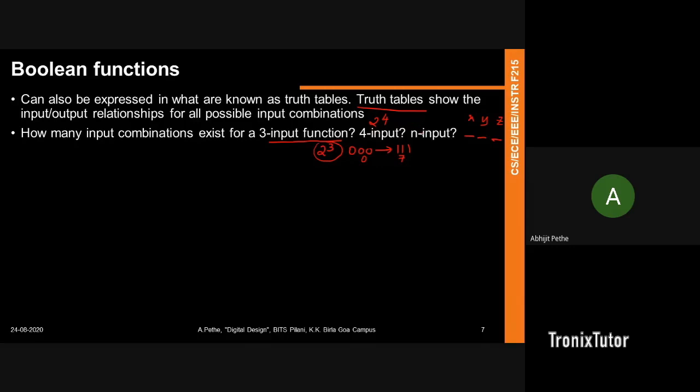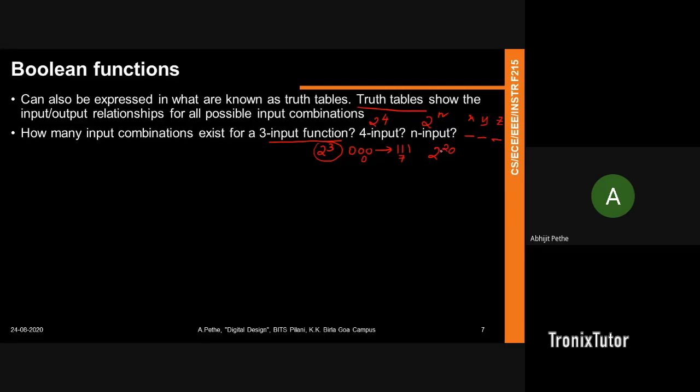And so for an n input Boolean expression, I can have up to 2 power n. So remember, why is this important? And again, you'll see that a lot of these hand calculations of these very simple things that you're doing in class are fine when you're dealing with 3 input, 4 input. Now, if I give you a 20 input Boolean function, you have to do it with 2 power 20 input combinations, which becomes cumbersome.